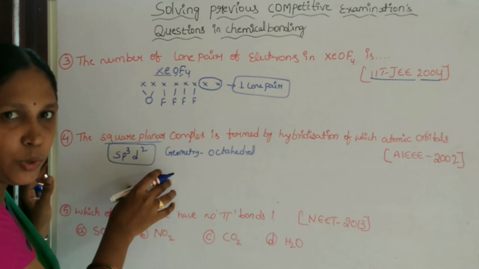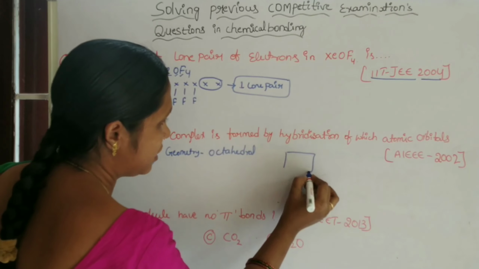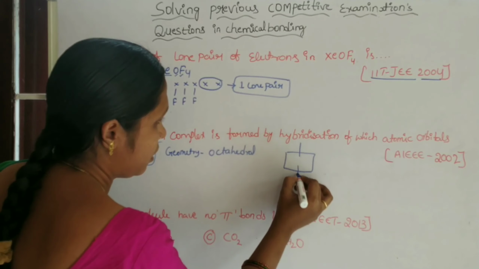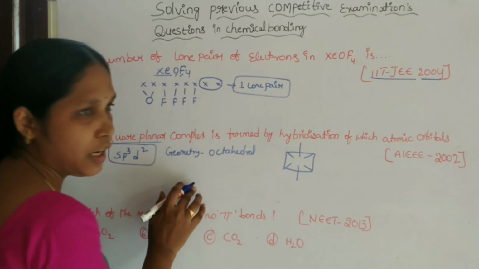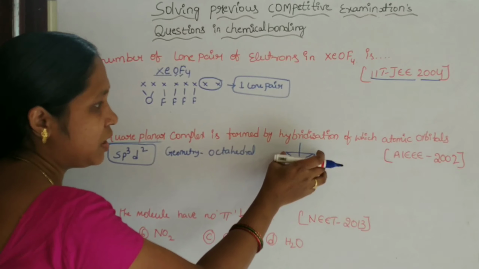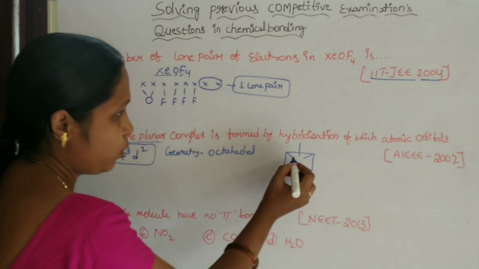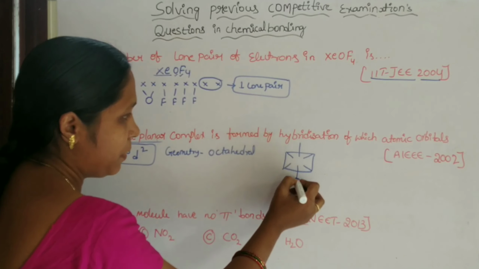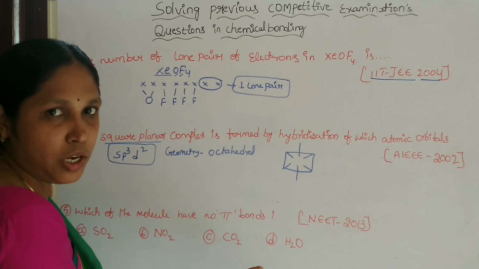Octahedral is also known as square bipyramidal. Shape is like this. Square bipyramidal is nothing but octahedral. Okay, square planar means 4 orbitals are in the same plane and the 2 hybrid orbitals are above the plane and below the plane.